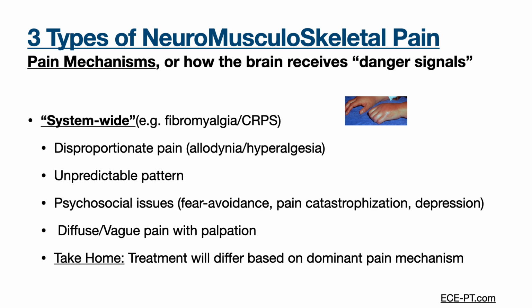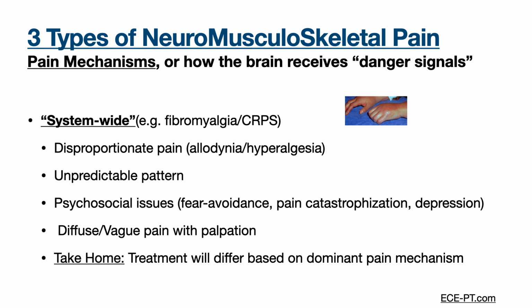There's also hyperalgesia. What does that mean? So something that should be a little painful, like a needle injection, that's a little discomfort. But when you have system-wide pain, that little discomfort becomes very, very painful. We also see unpredictable patterns. Sometimes it's on my left side, sometimes it's on my right side. And back in the day, people might have been saying, oh, that person's faking it.